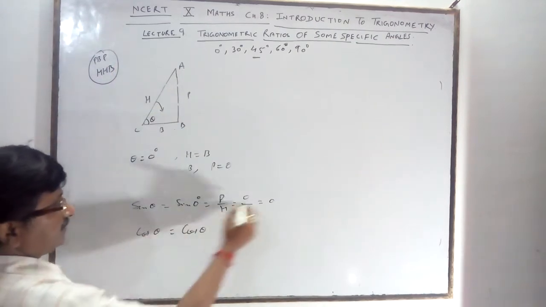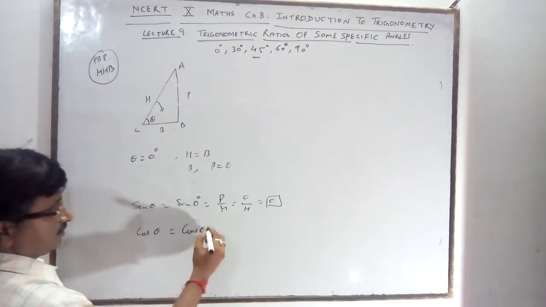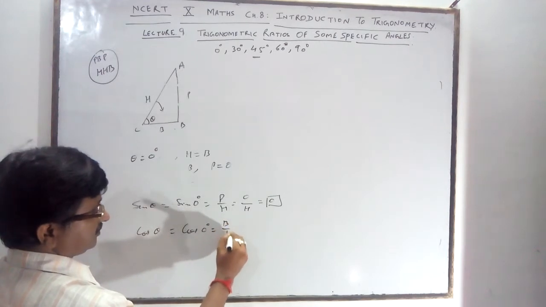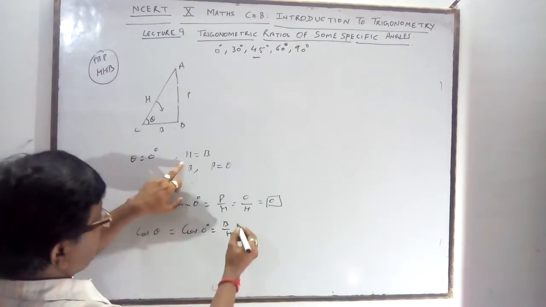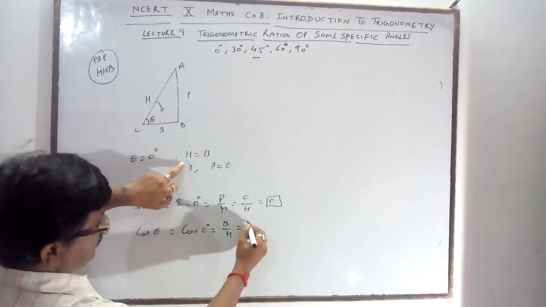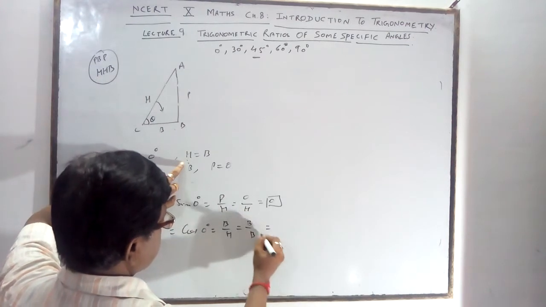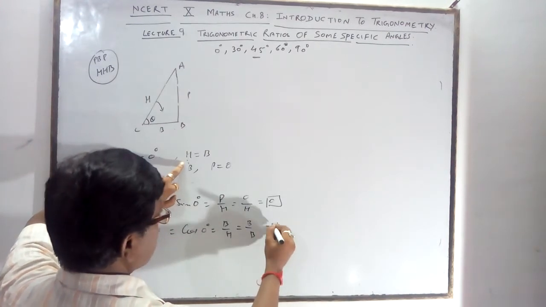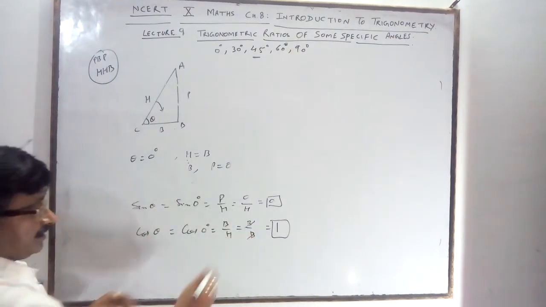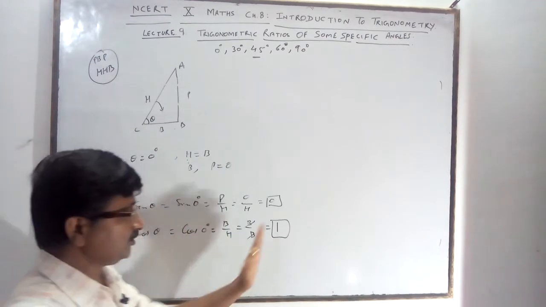Sin theta is 0, and cos 0 means B upon H. You have proved H and base are equal, so B upon B, B and B cancel, and cos 0 is 1. Very simple. Easily you get 1.